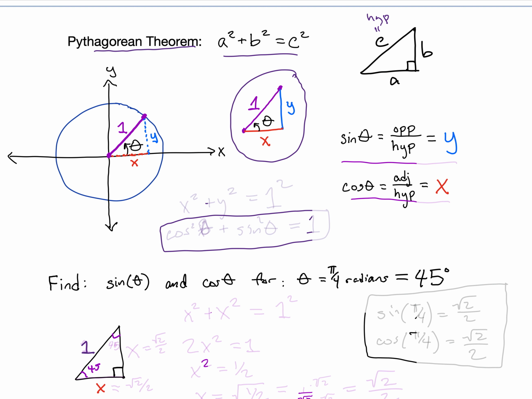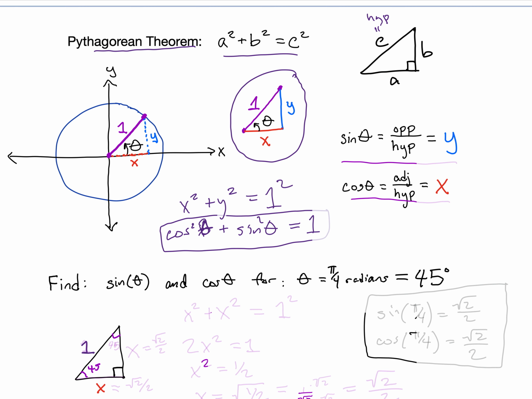First of all, one really useful trig identity is that now we've got x squared plus y squared is equal to 1 squared, the side lengths of our triangle. And what is x? Well, x is cosine of the angle theta, so cosine squared theta, plus y is sine of the angle theta, so y squared is sine squared theta, is equal to 1 squared, which is 1.